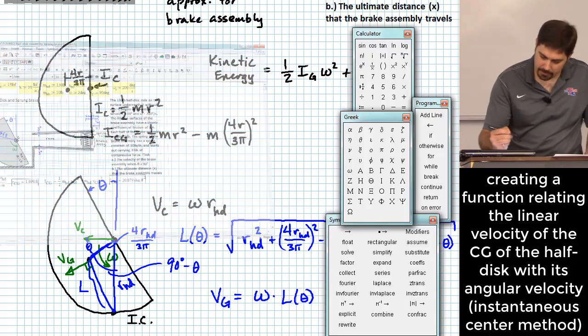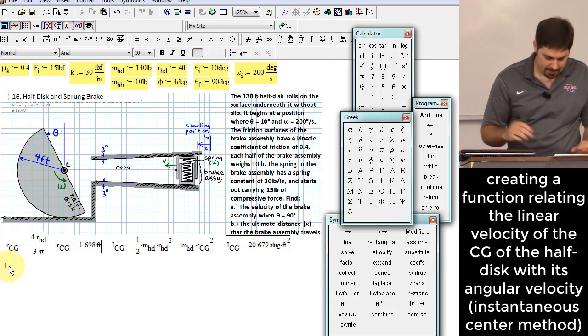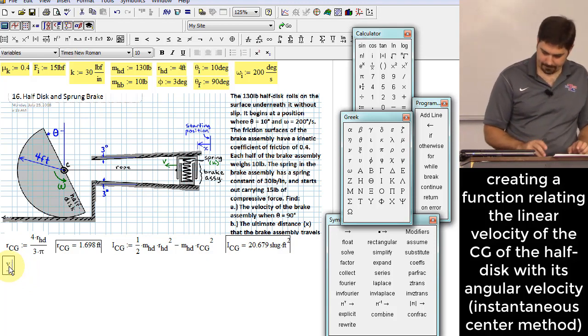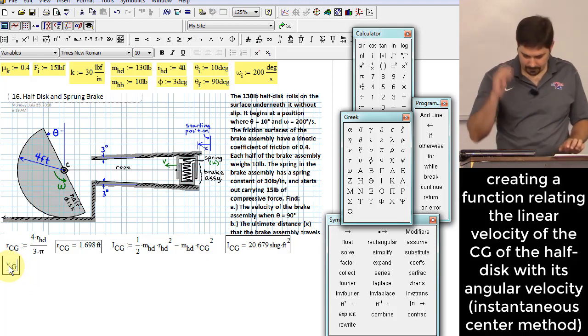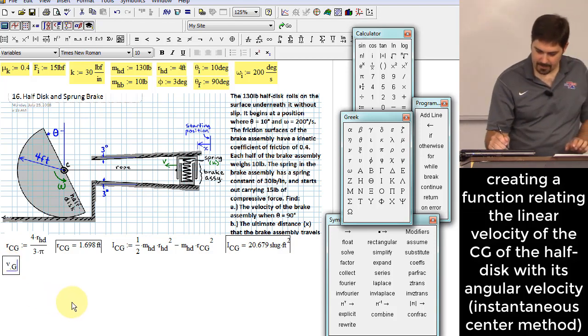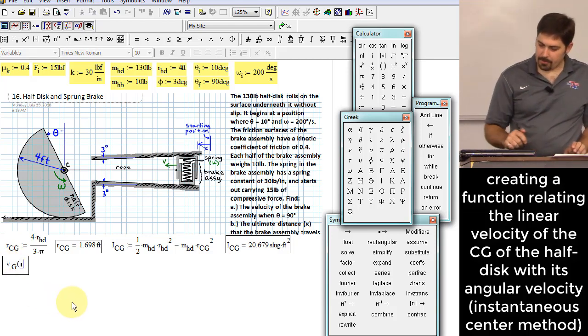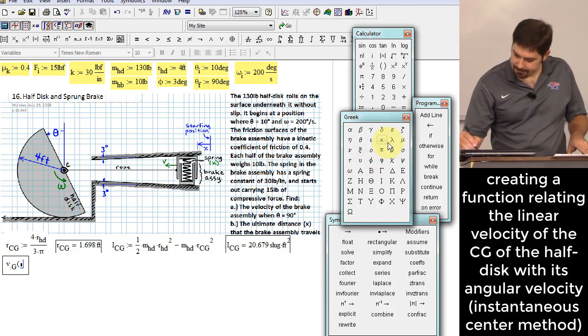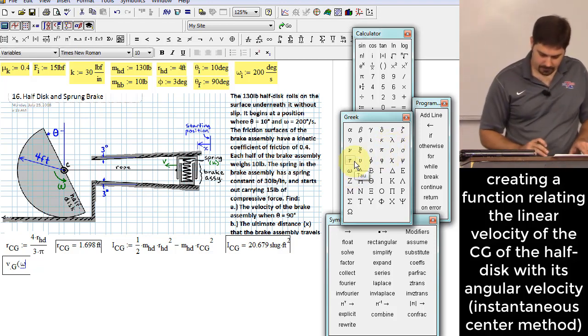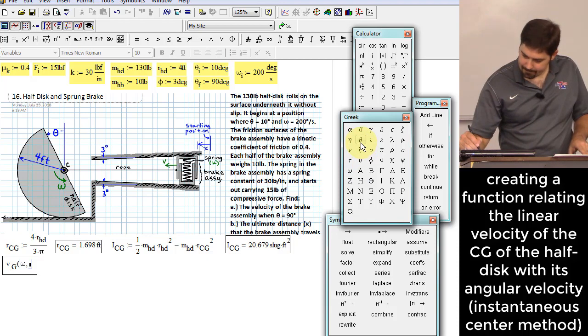So what I'm going to do is say VG, and it's going to be a function of both omega and theta.